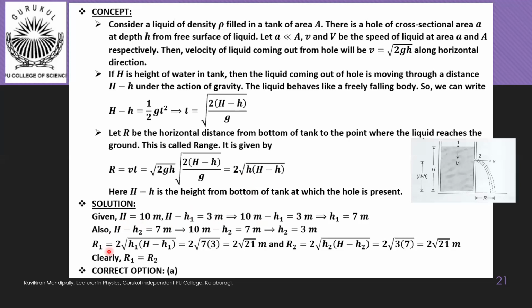R1 is equal to 2 into root of h1 into capital H minus h1, which gives 2 root 21 meter, and R2 is equal to 2 into root of h2 into capital H minus h2, which is also 2 root 21 meter. That means both R1 and R2 are equal. So the correct option is option A. That means the liquid coming out from both the holes will hit the ground at the same position.